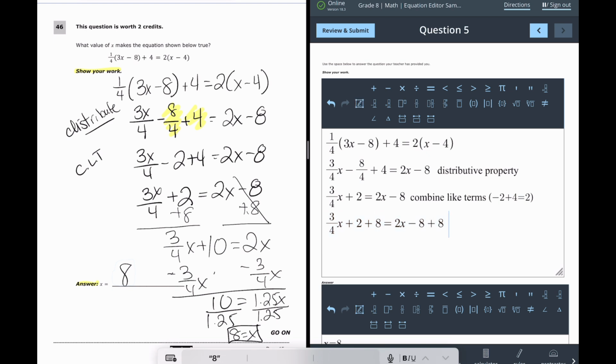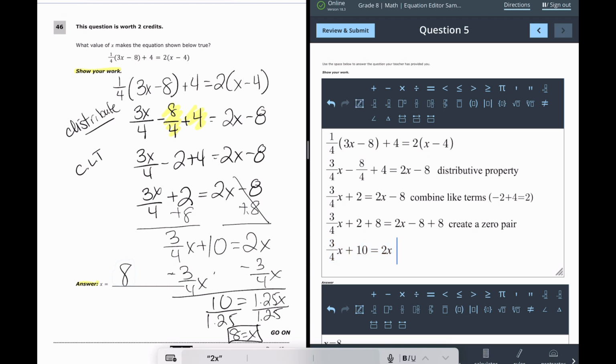Alright, so all I did was, I'm doing that to create a zero pair. Okay, and now that I've done that, I'm going to have my new answer, 3/4 x plus 10 is equal to 2x.